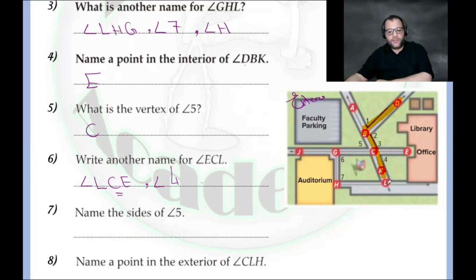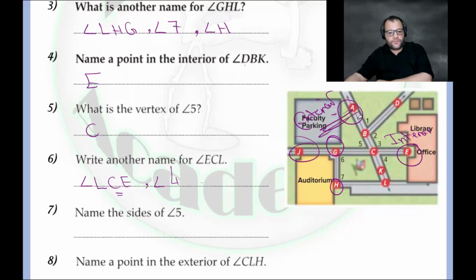L lies on the same line, so it's not clear whether it belongs to the region or not. To be clear: E is interior; A, G, H, J are exterior.